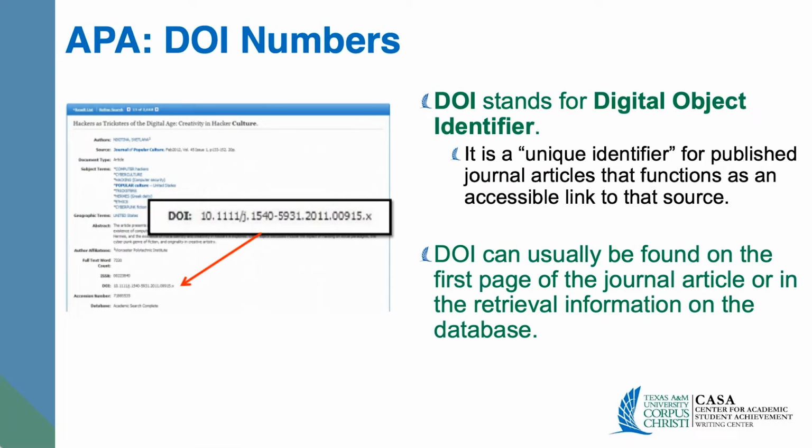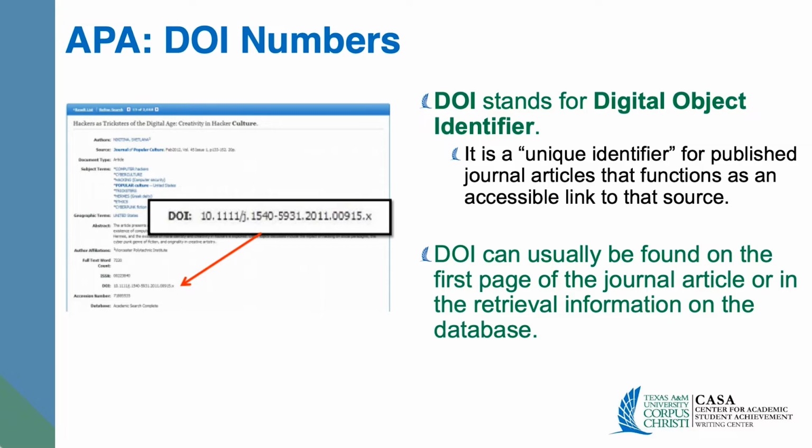A quick note, you will come across quite a few and growing numbers of documents that have DOIs. DOI stands for Digital Object Identifier. Basically, it's a web link where that particular document is permanently housed. The DOI can usually be found on the first page of the journal article or in the retrieval information on the database.